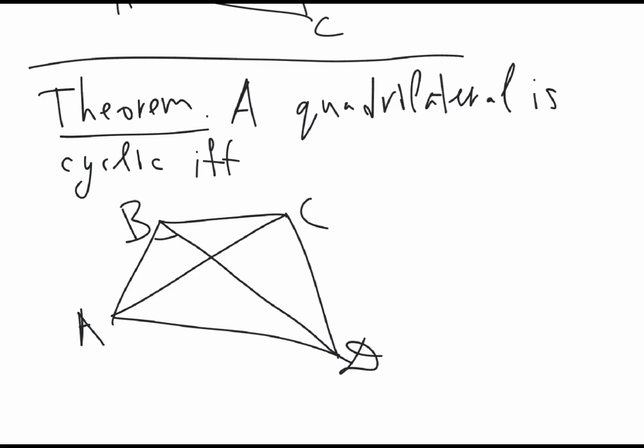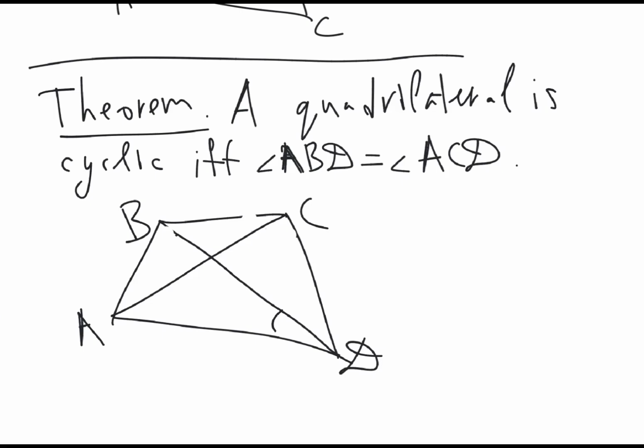If these angles are equal, so if the angle ABD is equal to the angle ACD. And because of the symmetry of the letters, it would be the same as the angles between the other diagonals, we can write, for example, that these angles are equal. It would be the same criterion.